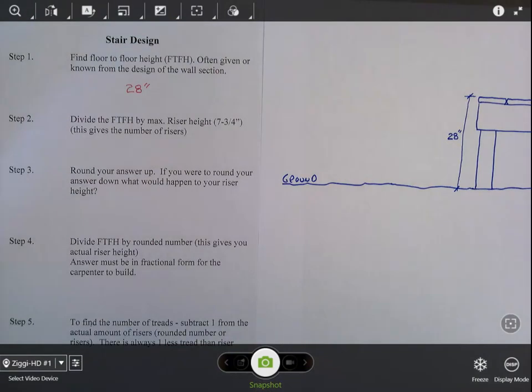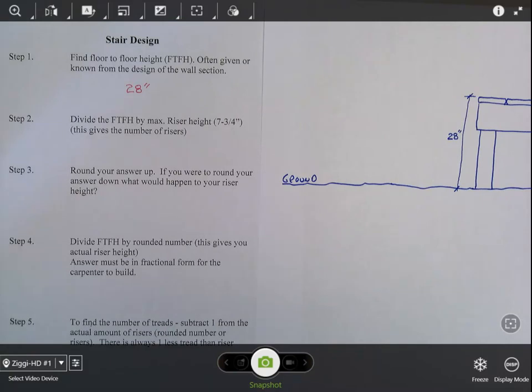Step two, we're going to divide the floor-to-floor height by the maximum riser height. And this number, 7 3/4 inches, is a suggested riser height. If we went by the building code, we could actually go higher, but whenever we go higher, we end up with a very steep set of stairs. So I recommend using 7 3/4 inches.